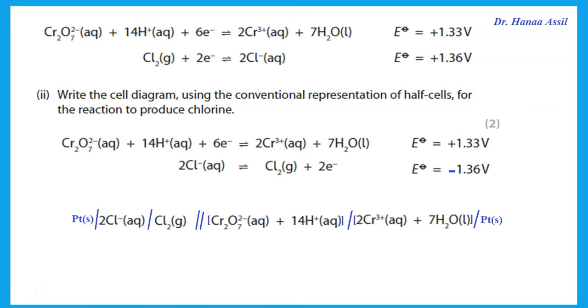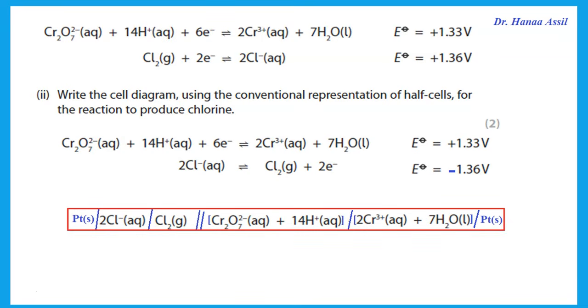And then we have the part where we had the reduction, the Cr2O7 2- with 14H+ becoming 2Cr3+ and 7 water. And also these are a mixture of solutions, so our electrode in that half cell is also platinum. So this is the cell diagram for that reaction.